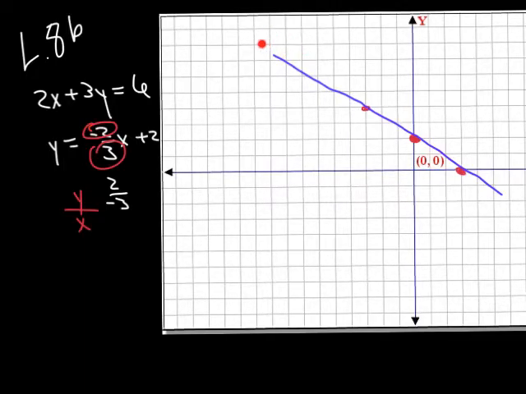So any point on this blue line is a solution and will work. So there's my line. And I didn't have to make that little table with x and y and choose some points and plug them in. I just used my slope and my y-intercept in order to solve that. So let's keep going and do a few more of those.